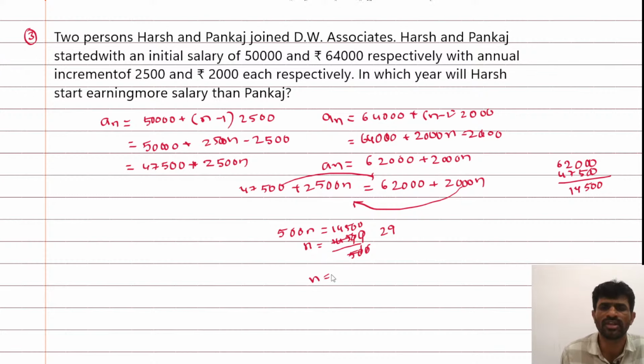So n is equal to 29. So in the 29th year they are getting equal. So what happens? In the 30th term the first fellow will get more than the second fellow, but in this problem we will take it as 31, because already the first salary is given, 50,000 and 64,000. So in the 31st year the first fellow will be more than the second fellow.